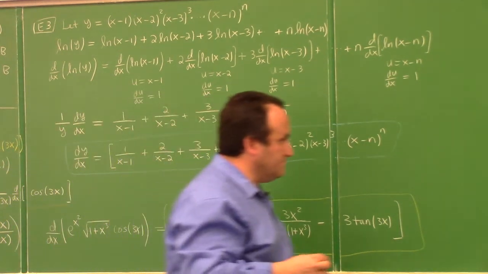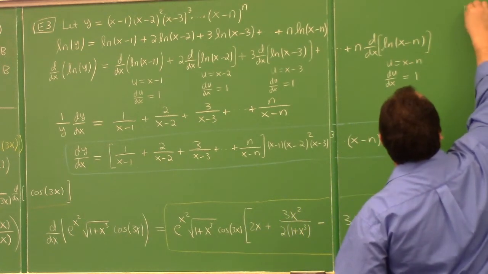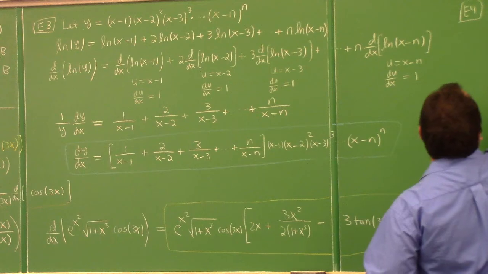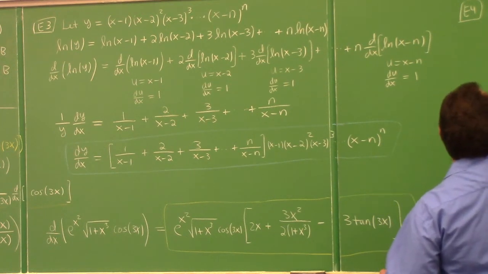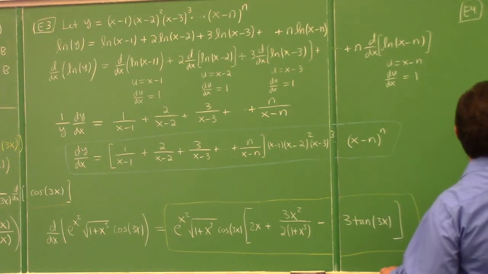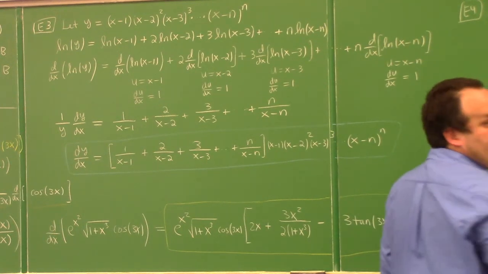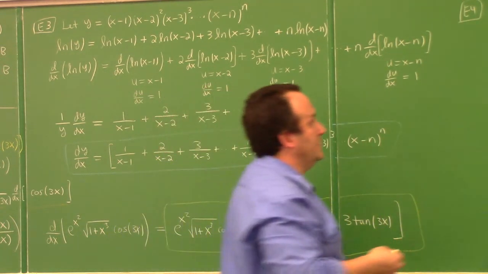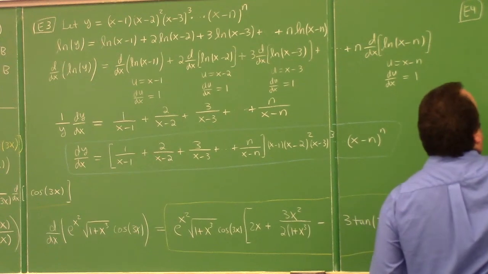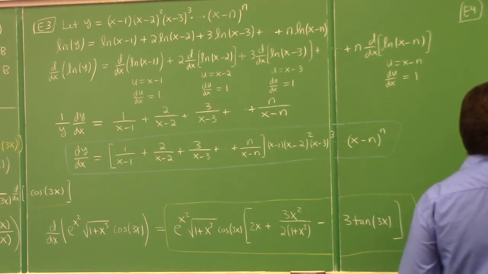Okay, so next up, one last example here. Suppose we want to calculate the derivative with respect to x of log base a of x. How would we do that? So we say y equals log base a of x, right?